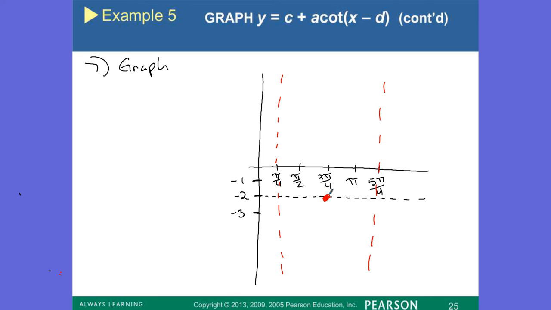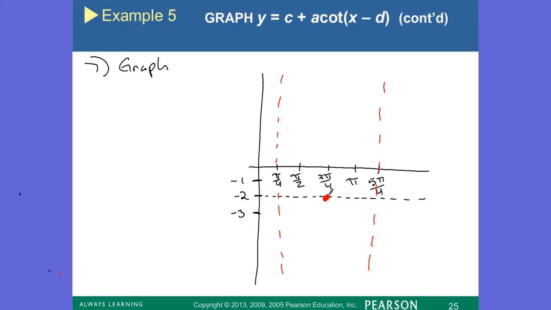Okay, so now listen. We got to go back. This is a cotangent function, right? Cotangent is supposed to end which way? Down. But isn't this a negative cotangent? I have a negative amplitude, don't I? If there's a negative amplitude, it's going to switch that. Because cotangent is supposed to end down, but a negative means it's going to be the opposite of that.